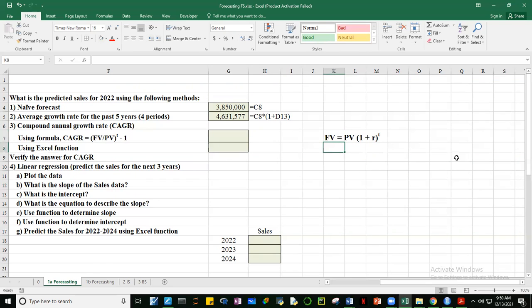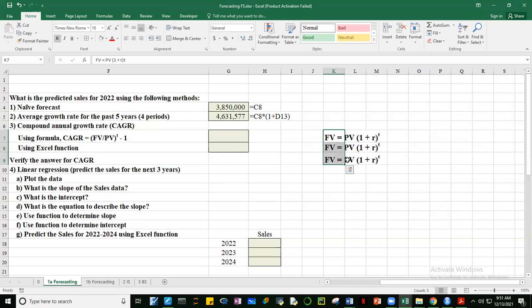Okay, so if we solve this, guys, very quickly, let's solve this mathematically. We transpose PV to the other side, so this becomes FV over PV, equal to (1 plus r) to the t.